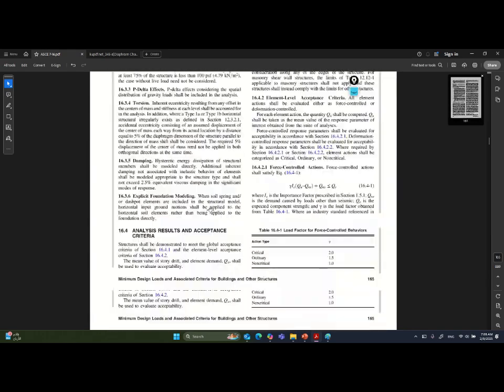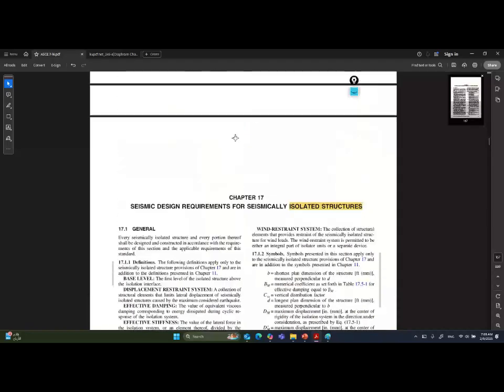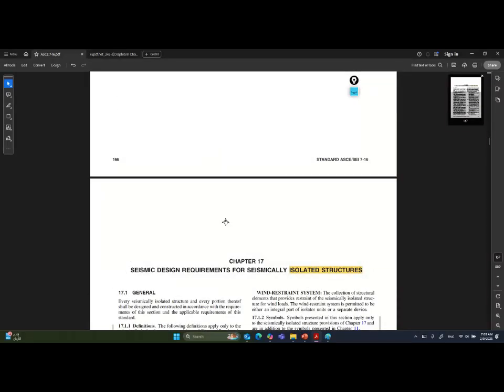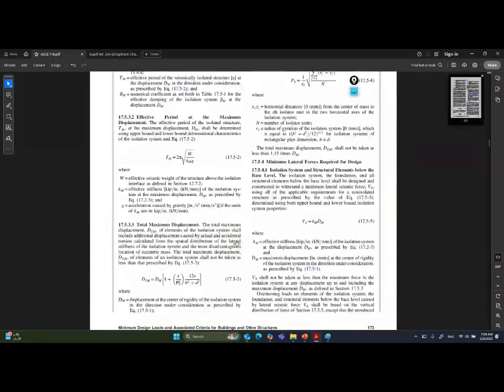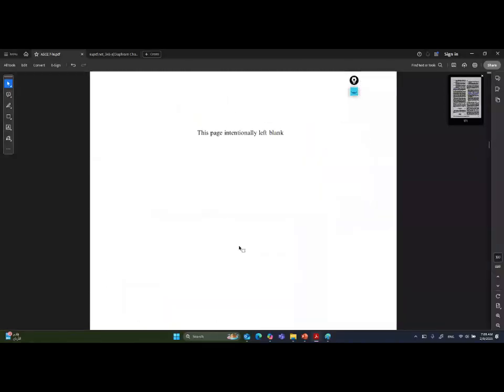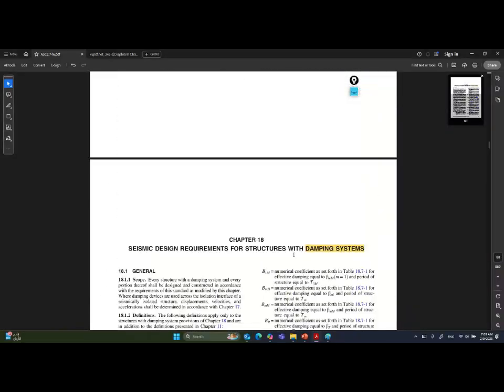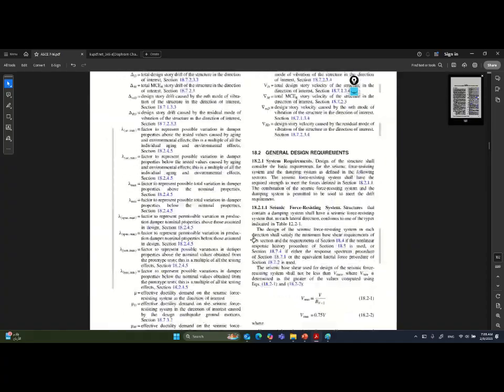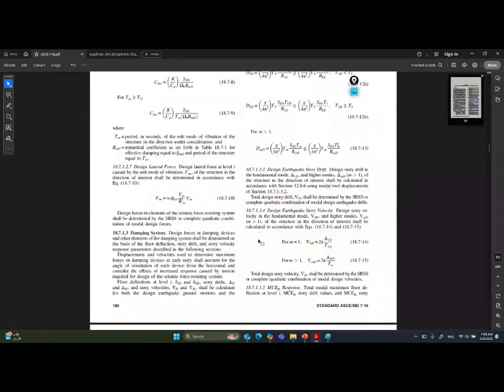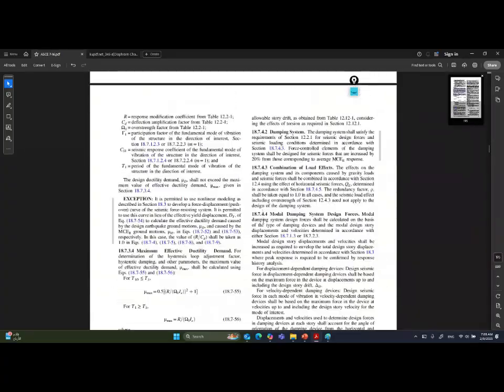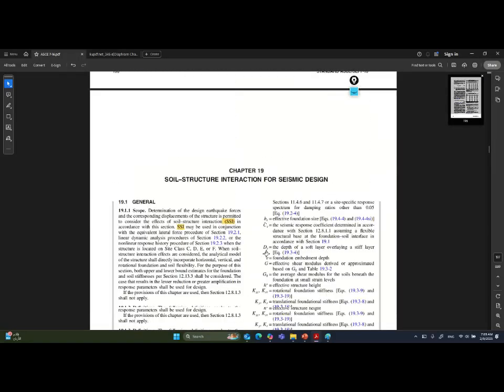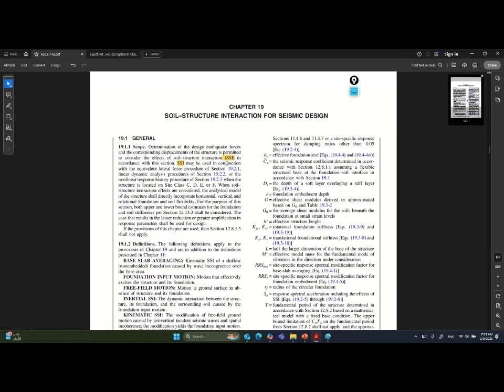I will not go through this. This one is for isolated structures. I think 18 is for damping systems, isolated damping system, and chapter 19. Just to get yourself familiar with the title of each of them.